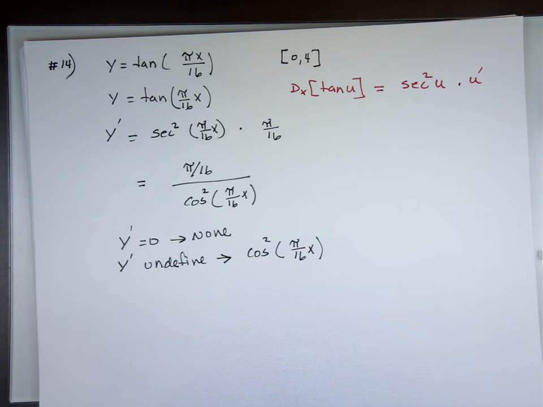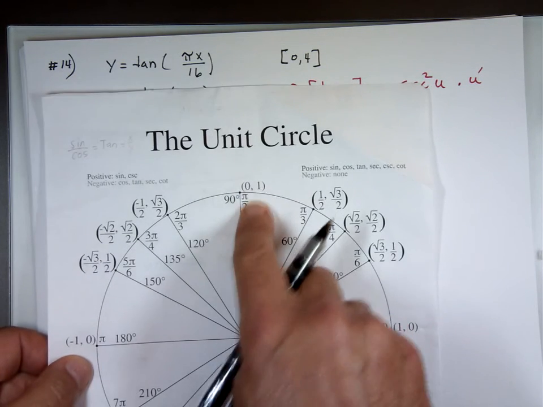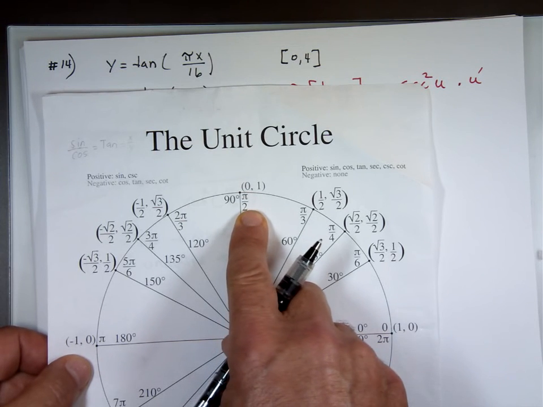What is that unit circle I had somewhere? Can't find my unit circle, so I just want to show it to you. I know the answer is pi over 2. Notice the cosine of pi over 2, and 3.14 is pi.